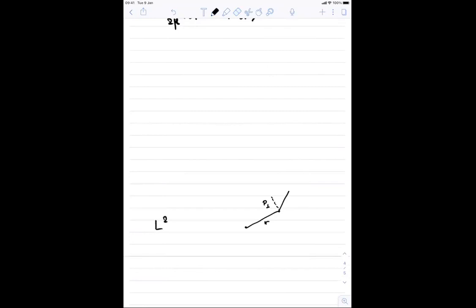L² is equal to R² times the component of momentum squared, the perpendicular component. You can write this as R² times the full momentum minus the parallel component squared. If you do this algebra, you will realize that this is R².